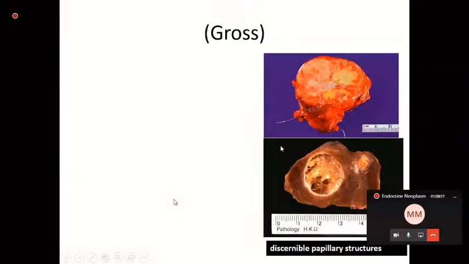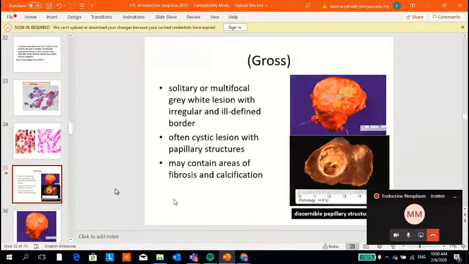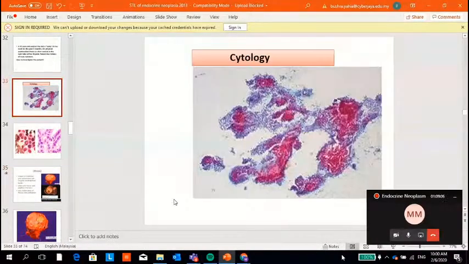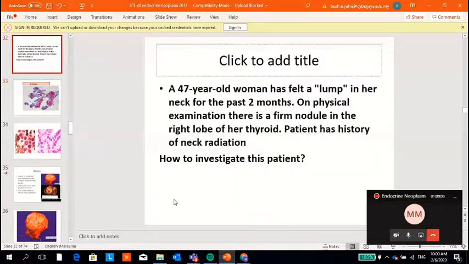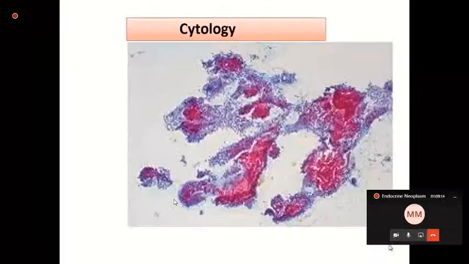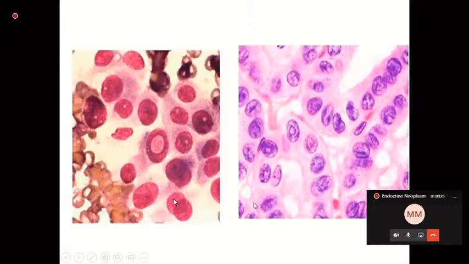If we see in the cytology like this, irregular shape and these features, is it normal? No. Remember the normal, how is it?